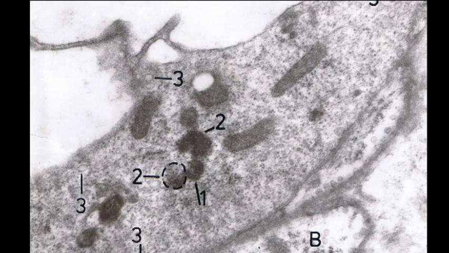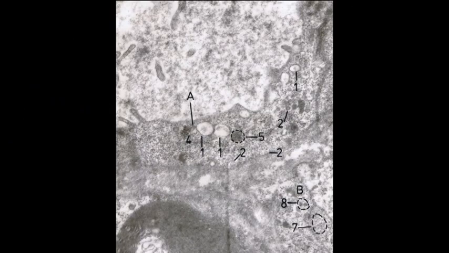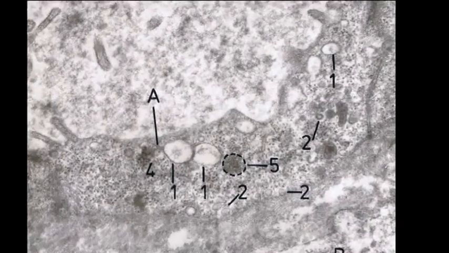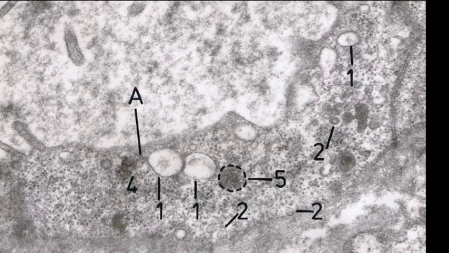Figure 94 again is the day 8 post-inoculation virus and cyclophosphamide. One can see the blood capillary endothelial cell showing large and small uncoated and coated vesicles. Here at 1 are the large, the small uncoated at 2.